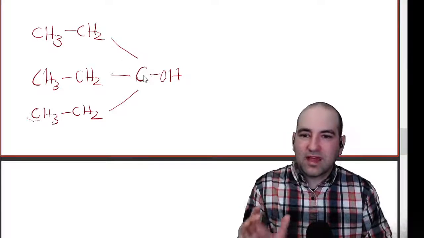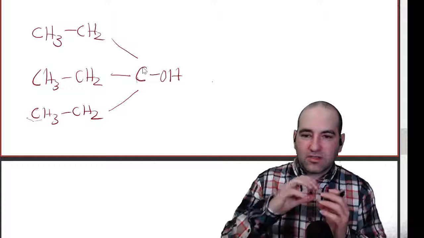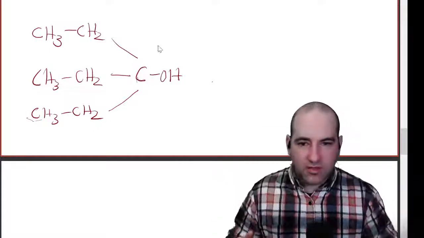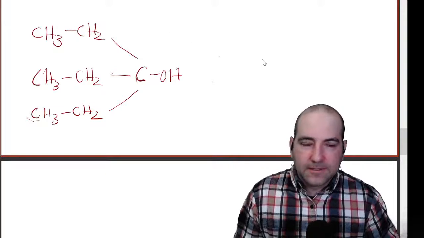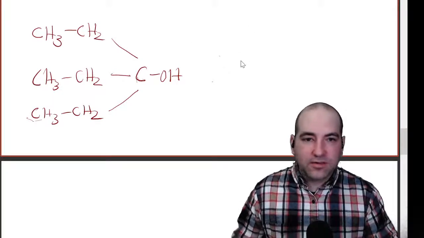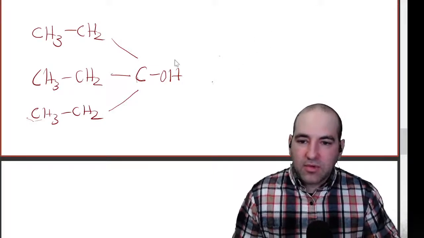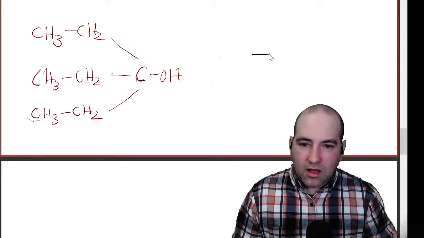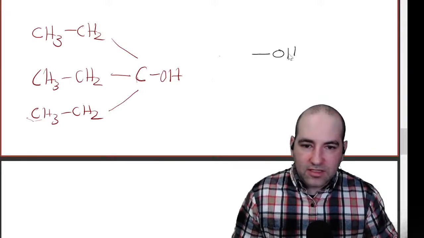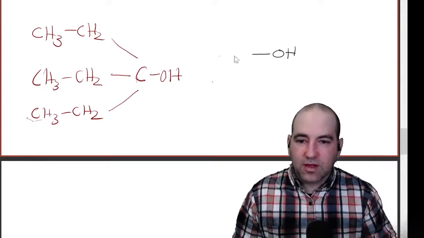Because this is the center of it, it seems to make more sense to start from that one and branch everything out from there. So when I draw my line structure, again, there's lots of different ways to do it. As long as everything's connected properly and all the atoms are accounted for, it's fine. It doesn't have to look exactly like mine. But I'm going to start from this carbon and the OH, just because I feel like that's the easy part to draw, and this stuff is where it gets a little bit more complicated.